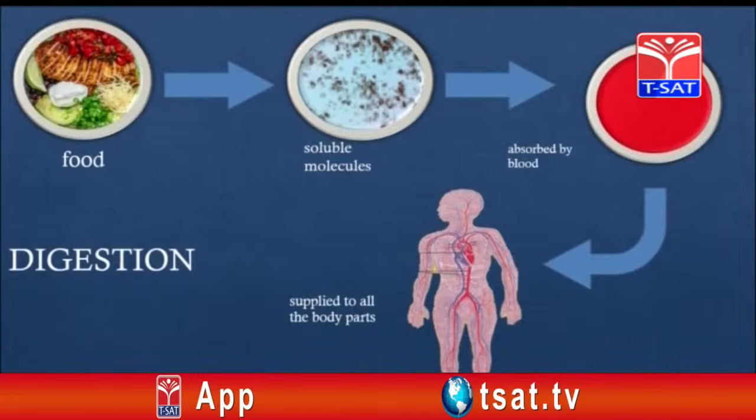So, it is broken down into small pieces, and these small molecules are absorbed by the blood. The blood supplies all these small molecules to the different parts of the body.